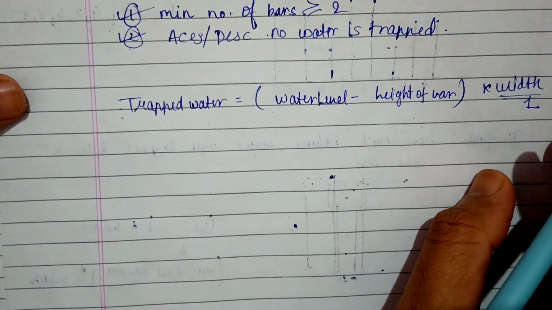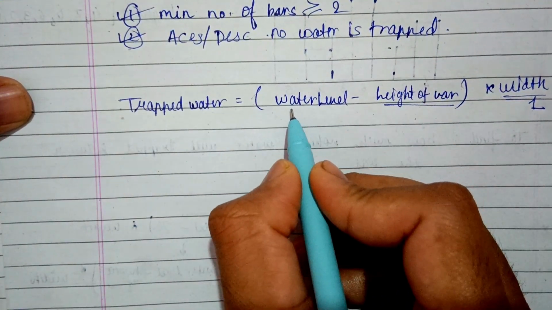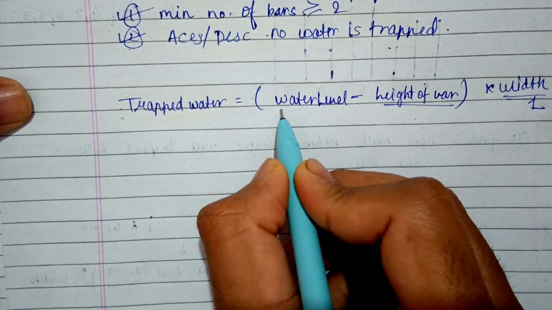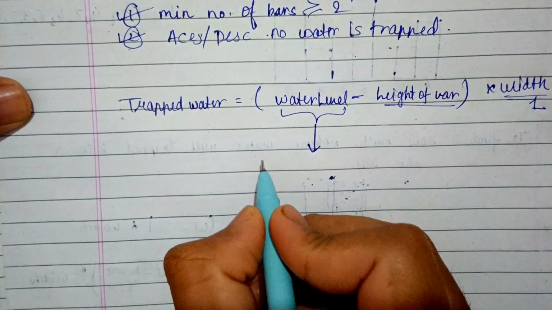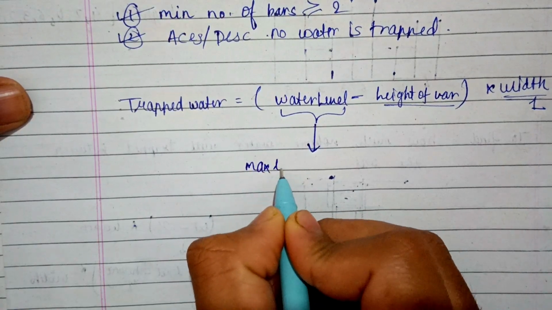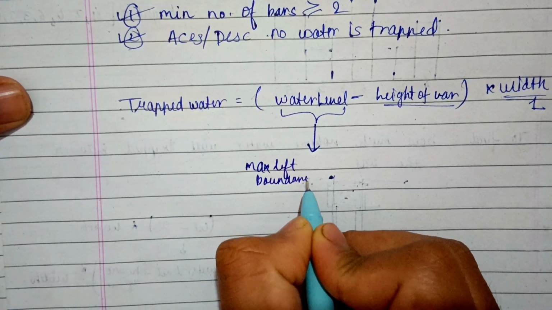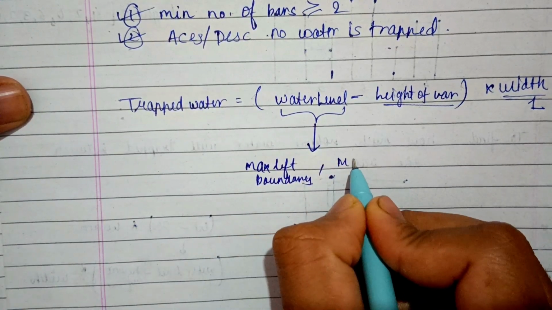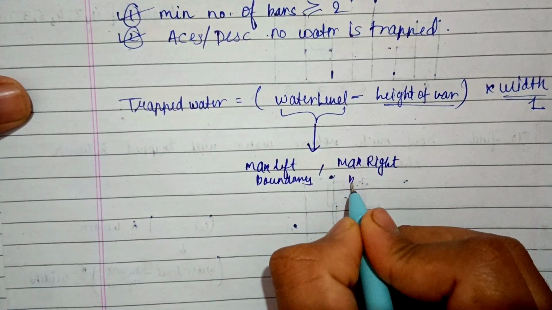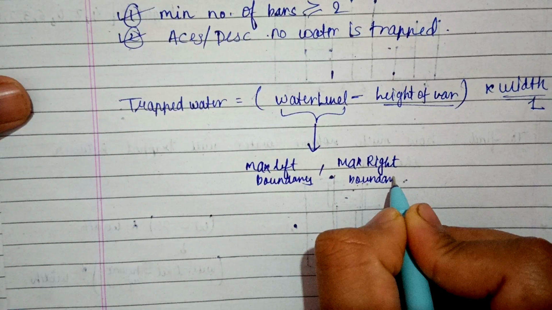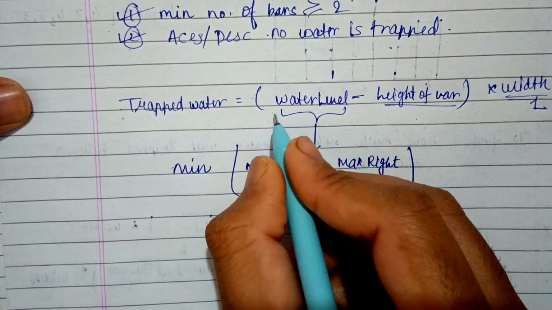So we know the height of bars, so to know the water level, the water level will be the maximum of left boundary, the maximum of right boundary, and we have to take its minimum.